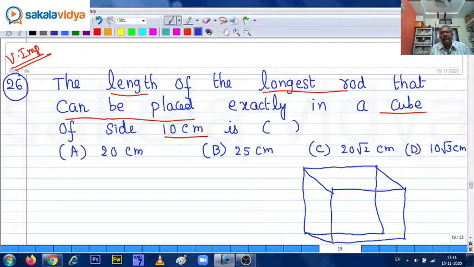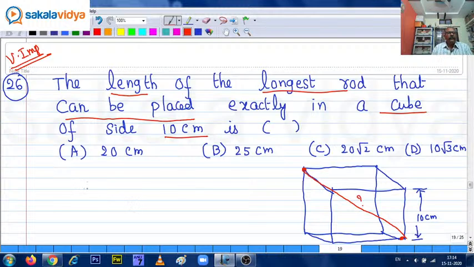Whose side is given? This side is 10 centimeters. Now take the red color, from here to here. This is the diagonal. This length you need to find out. The length of the longest rod is the diagonal of the cube.